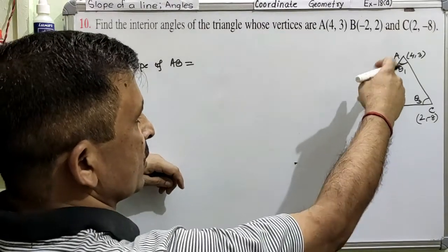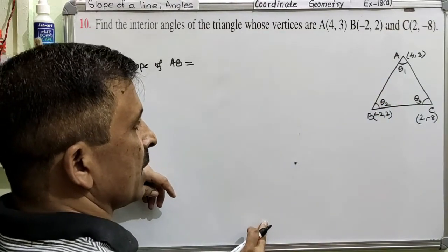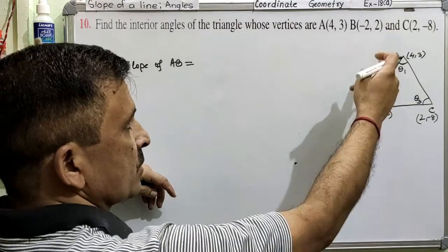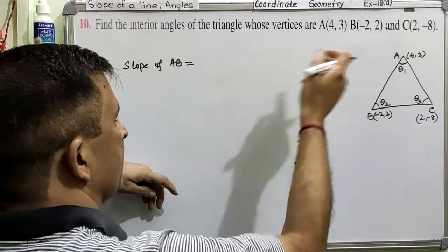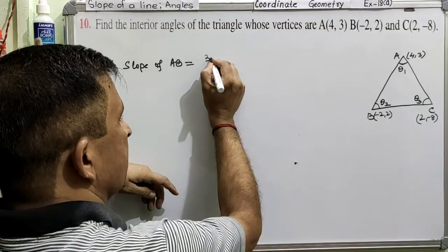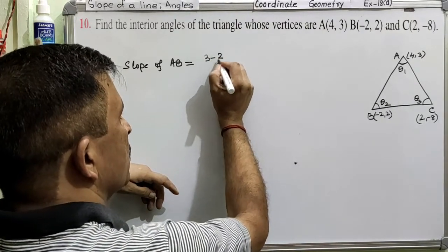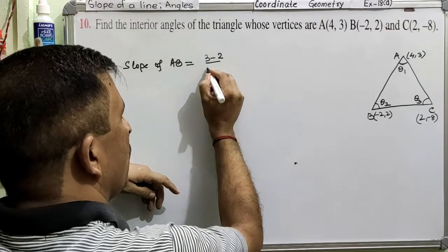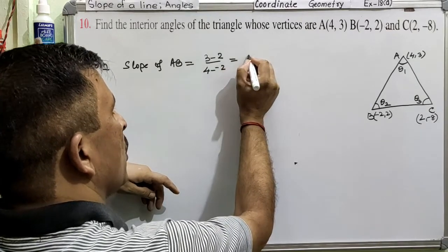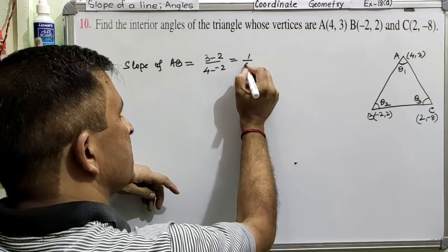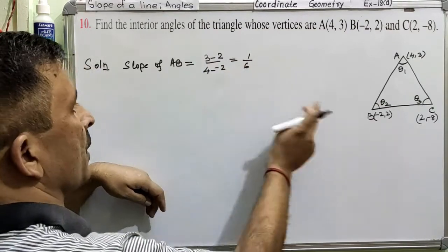You can select which one you're going to take as x1 y1 and x2 y2. Clear? So maybe 3 minus 2 divided by 4 minus 2. This is 1 over 6. This becomes the slope of your AB.